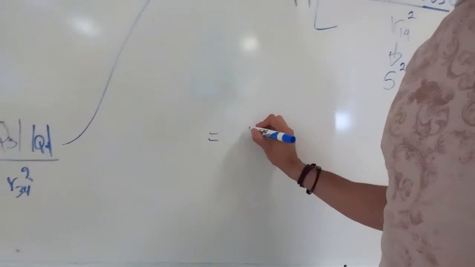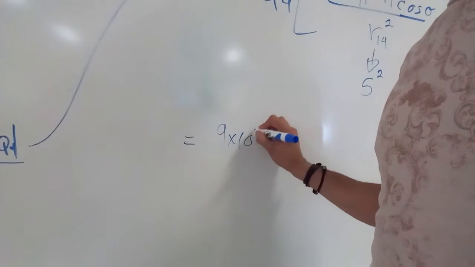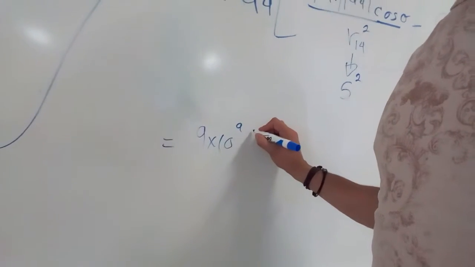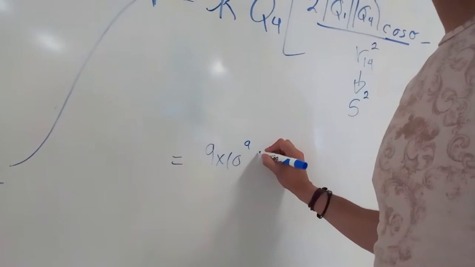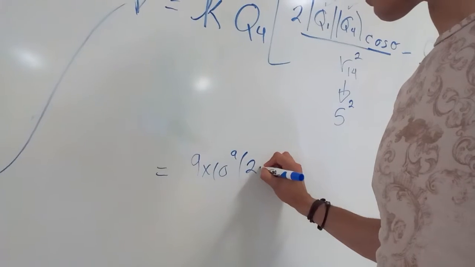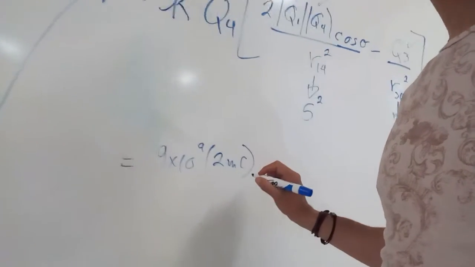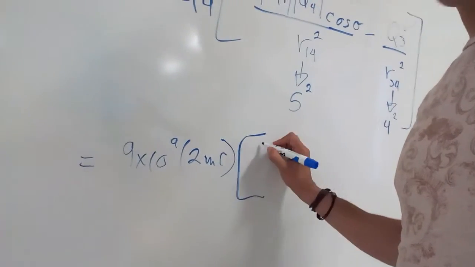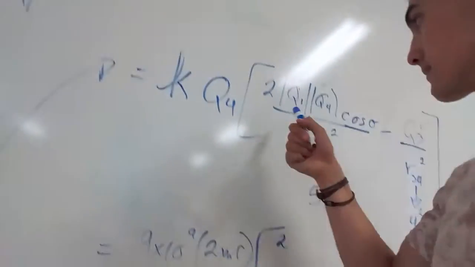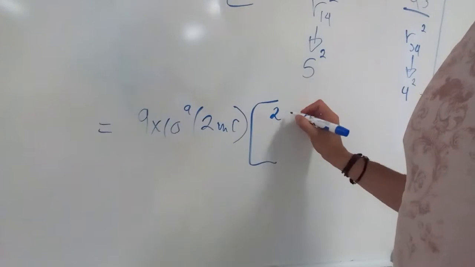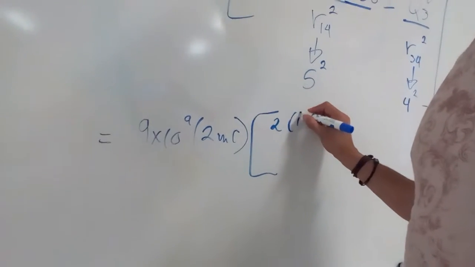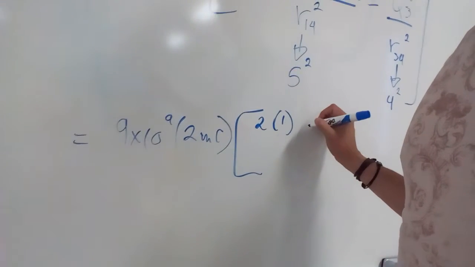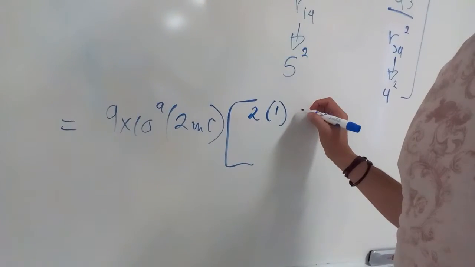The constant k is 9 times 10 to the 9. The charge 4 is exactly 2 microcoulombs. And this part will be multiplied by 2 times the charge 1 times the cosine of theta.